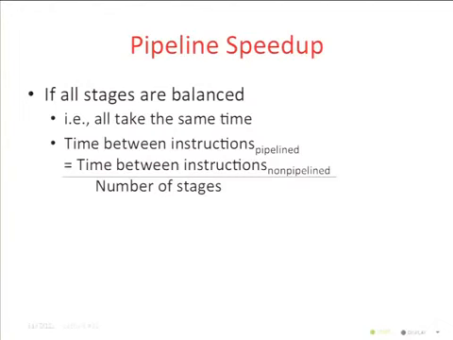Are we neglecting clock to queue and hold time? We're not neglecting clock to queue and hold time. That has to be factored into the clock tick. You have to be able to finish, from when the clock starts, the clock to queue delay, and make all that work. If we put registers in between, wouldn't that add some time? I see what you're saying.